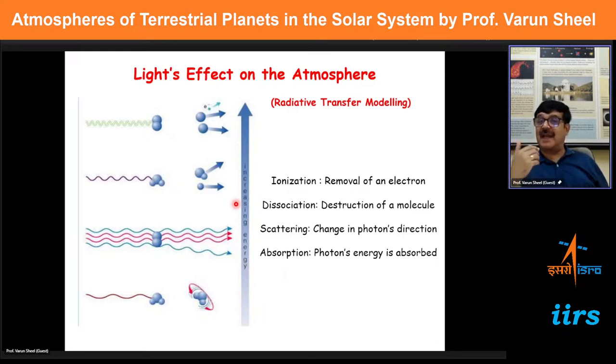When we consider scattering by each molecule, you could have multiple scattering, you could have scattering by one molecule, what are the types of scattering, and all these calculations are taken into account just to see what the effect of this radiation is when it interacts with different layers of the atmosphere. So this whole domain of radiation study, the radiative transfer modeling, so as to say, gives us ultimately the temperature. We can actually simulate the temperature of any planet.